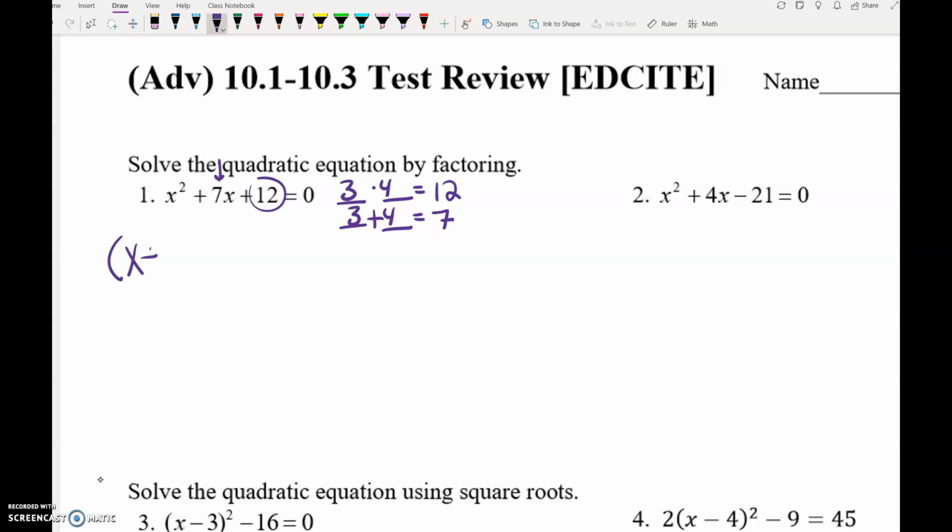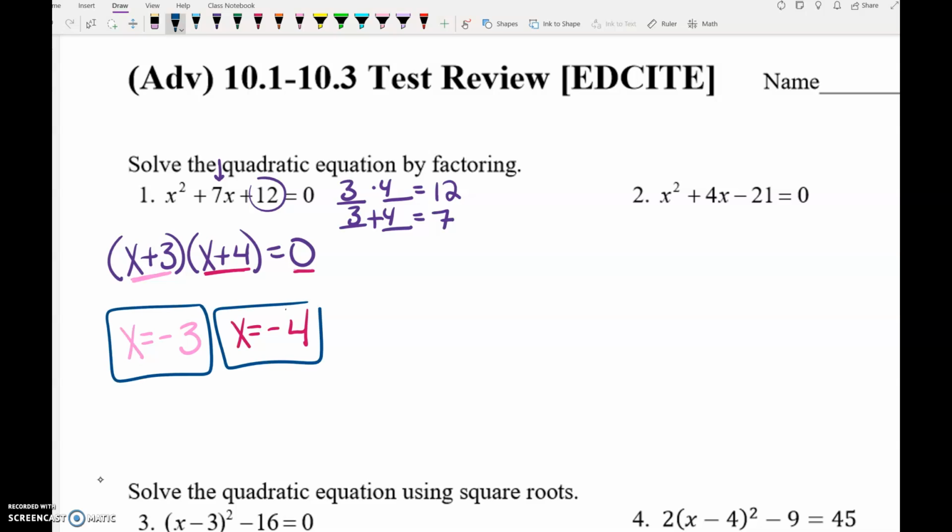The factored form is x plus 3, x plus 4 equals 0. If x plus 3 has to equal 0, x is going to be negative 3. If x plus 4 has to equal 0, x is going to be negative 4. So our two answers are negative 3 and negative 4.